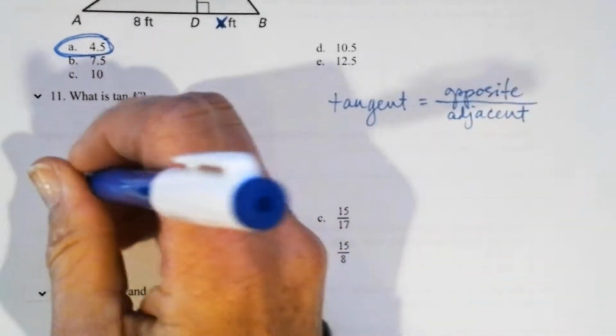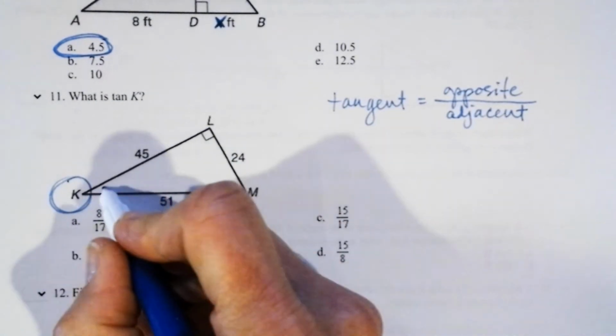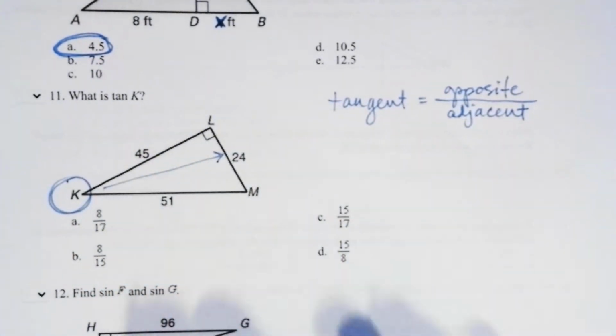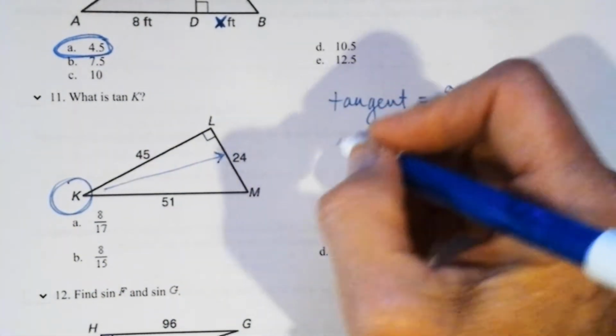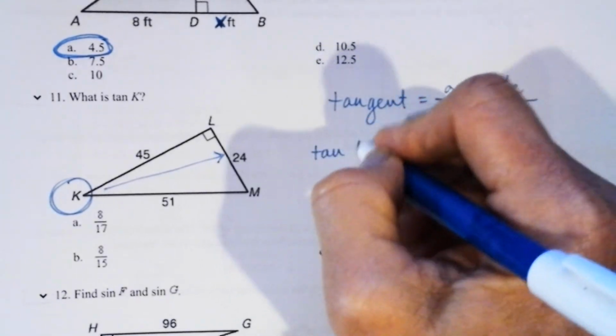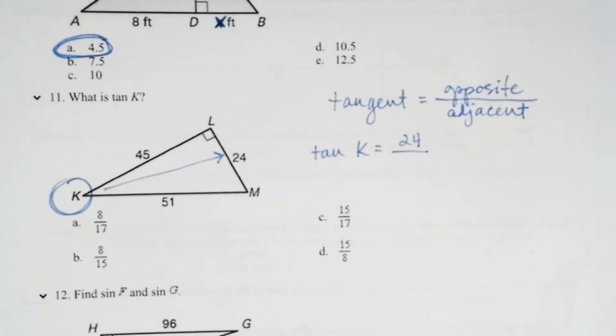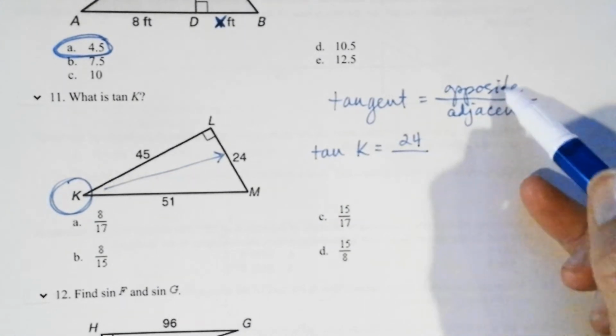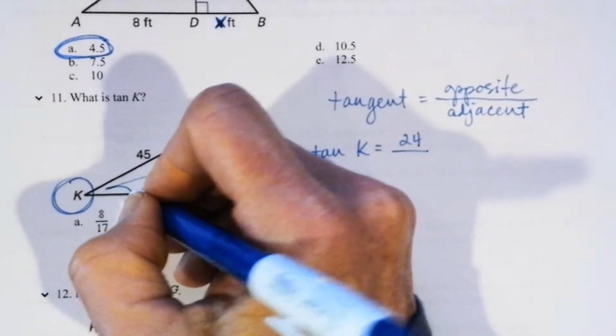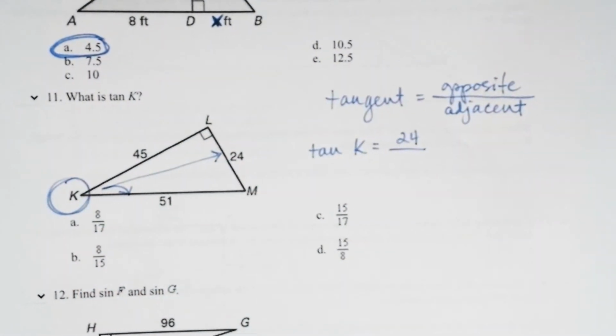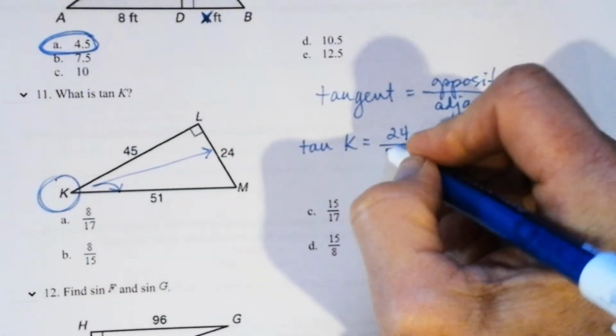If I want to know tangent of K, the opposite is all the way over here, not connected to it at all. So tan K equals 24 over the adjacent. Opposite over adjacent. Adjacent is the one that's connected to it. It's the other leg that is connected.